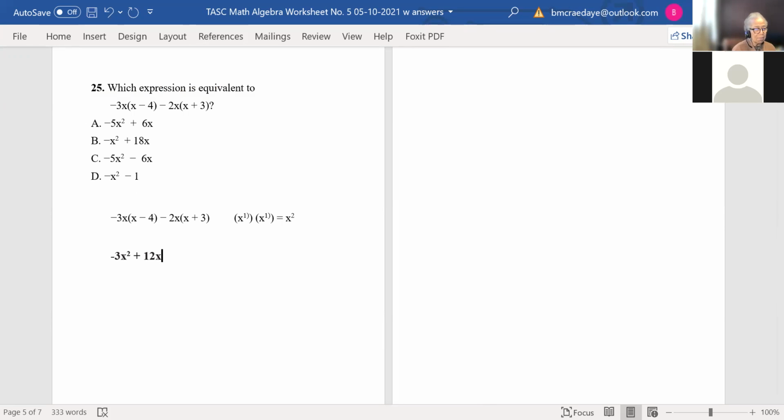Oh, see. You're multiplying what's outside the parentheses by everything within the parentheses. So a minus 3x times x is minus 3x to the second power. A minus 3x times a minus 4, you multiply the coefficients, the minus 3 and this constant.